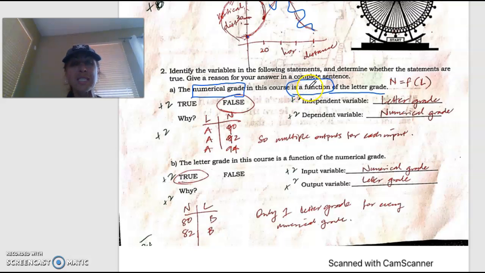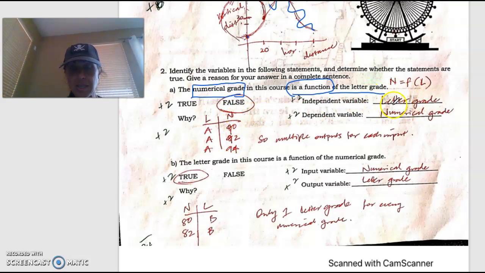We could put the words depends on. Does numerical grade depend on the letter grade? In other words, if I know my letter grade, can I figure out my numerical grade? Well, not really, because I could have a letter grade of A, but I don't know what the numerical grade is, it could be anywhere from 90 to 99. Hence, it is not a function.